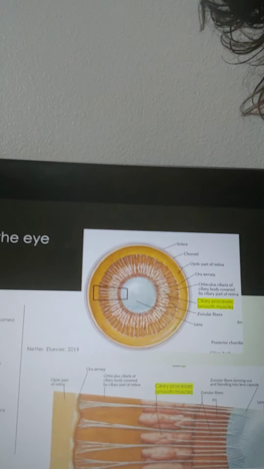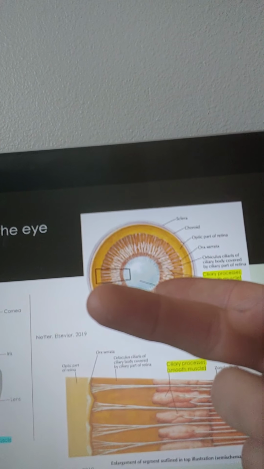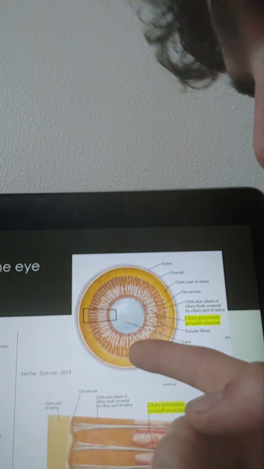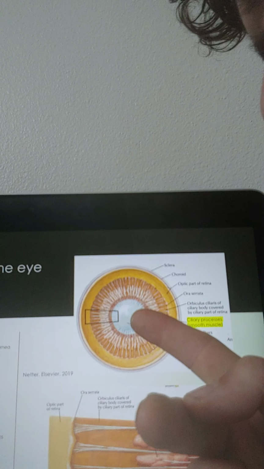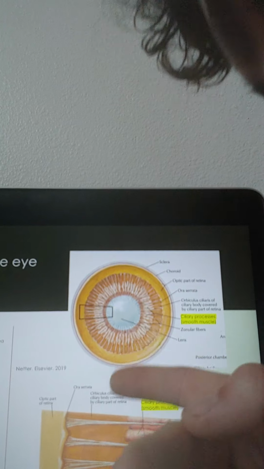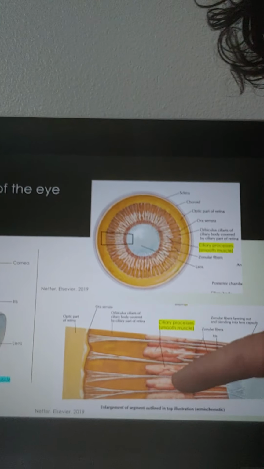So here is a little anatomy of the ciliary muscles, which suspend and control how the lens of the eye is shaped. And so we're going to talk a little bit more about that in the next slide. But here is a little closer view.